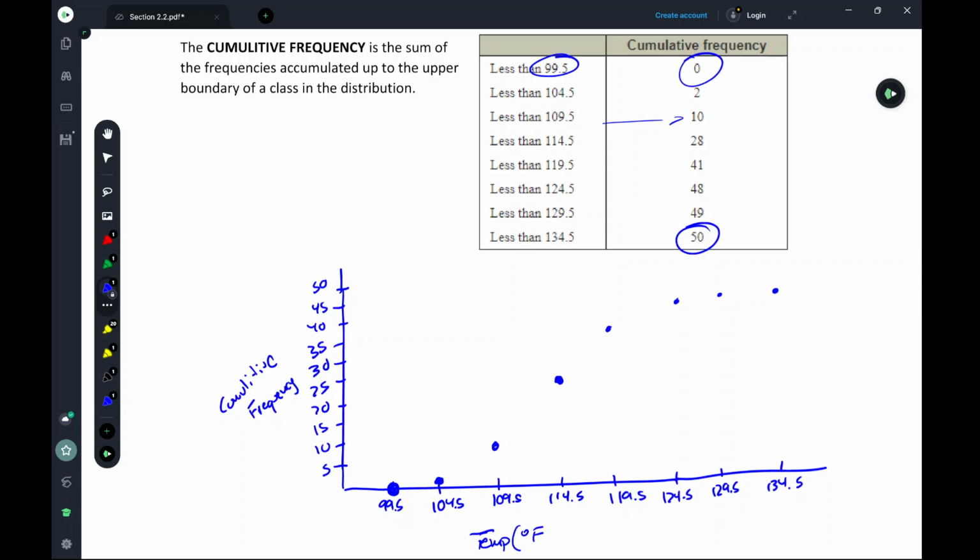Now I'm simply going to connect all of my dots with a line. And now we have constructed an ogive. An ogive specifically communicates the cumulative frequency, not the frequency of each individual class, but the frequencies of each class continuously added onto each other until you get up to all your data values.